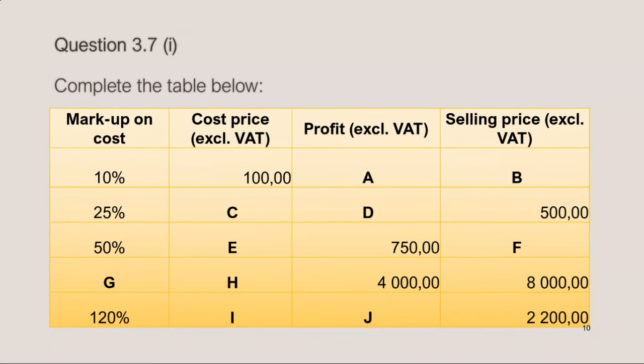Okay, so Cameron asked, ma'am, I use the formula sales price less cost price over cost price. Is that incorrect? Okay, so let's quickly see, Cameron. Okay, for G. So for G, you used the sales price, which was the 8,000.